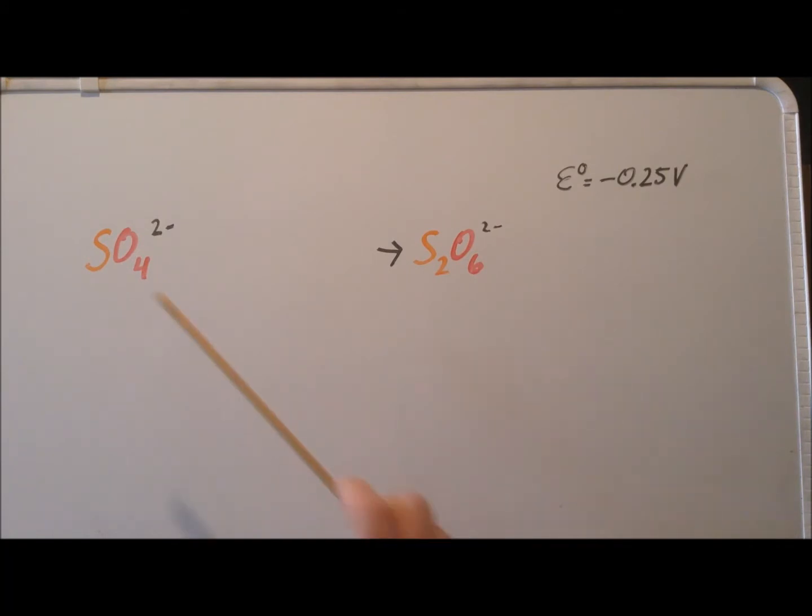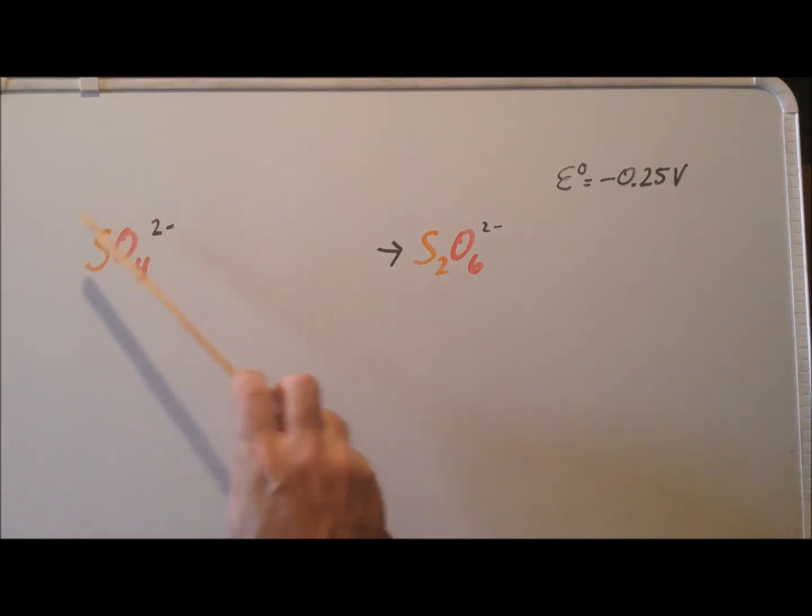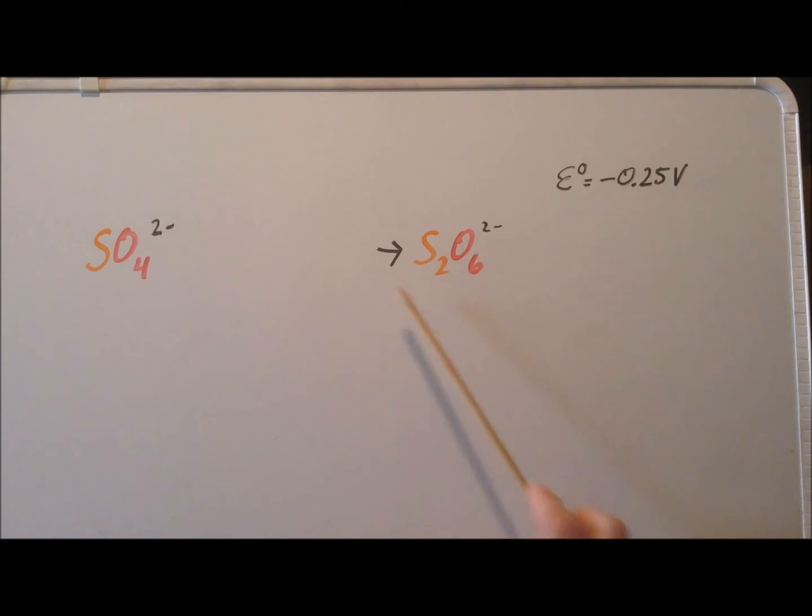This tells us that there is a reduction reaction going on that reduces sulfate to dithionate, and that the standard cell potential for this is going to be negative 0.25 volts. To get the complete reaction, we have to balance, which is left out of the Latimer diagram for the sake of brevity.